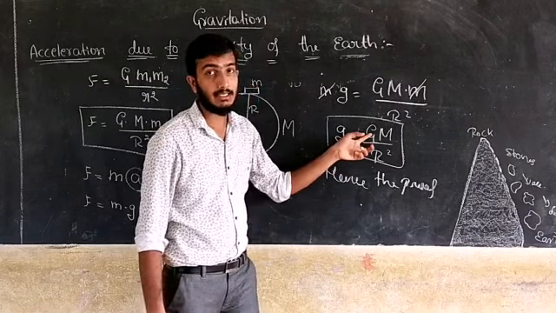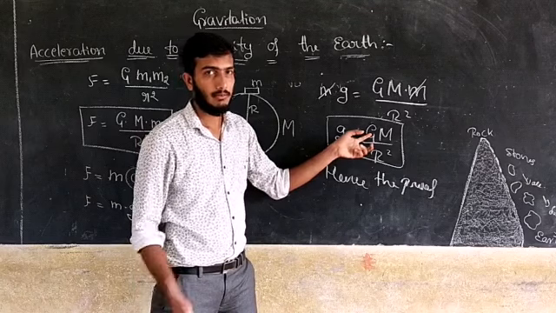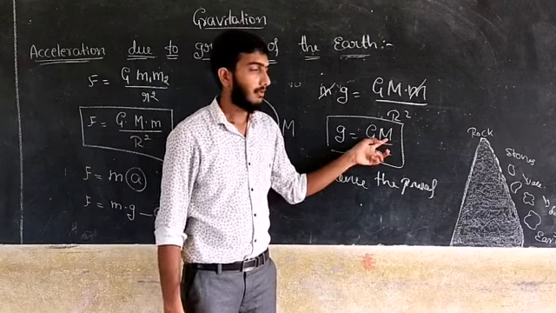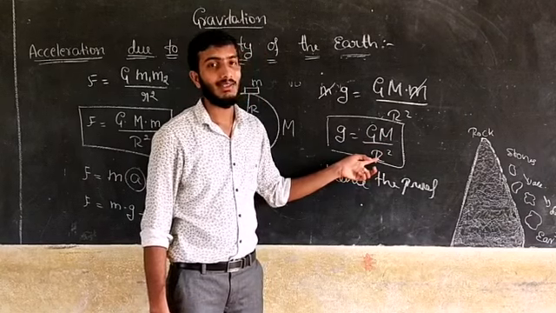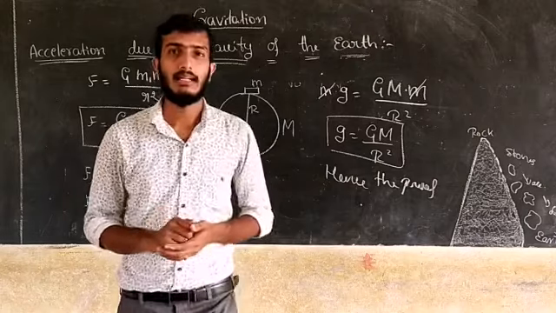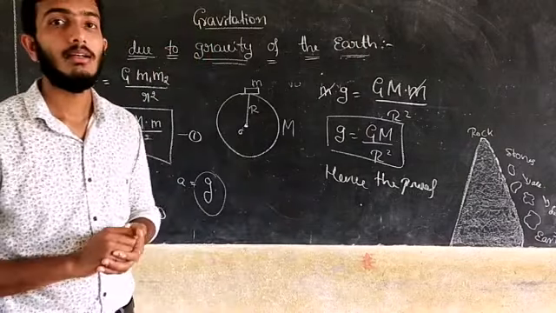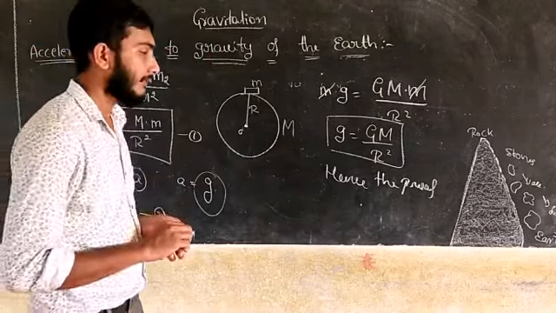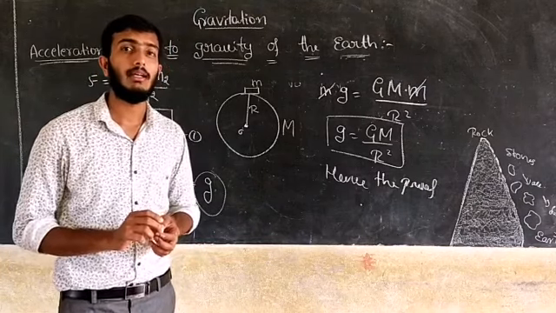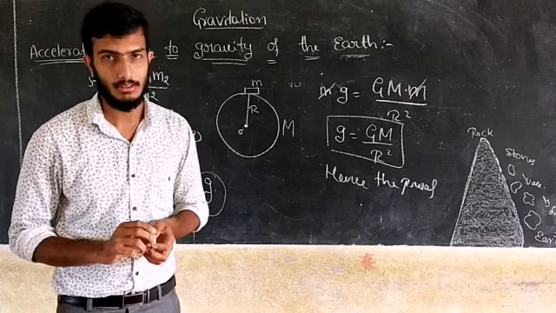G means gravitational constant, yes, we have discussed in the previous video. M means mass of the earth, r means radius of the earth. Clear? So it is the expression for acceleration due to gravity of the earth. Next we will discuss the concept of acceleration due to gravity above the surface of the earth.